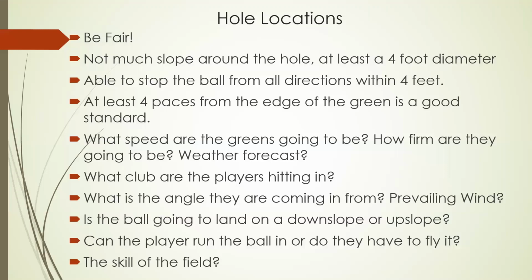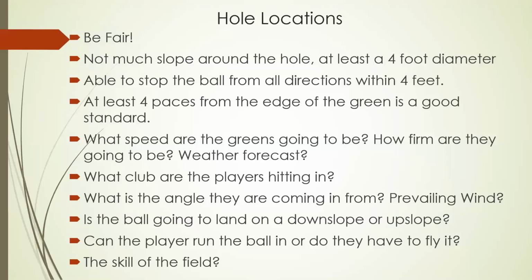So if I'm setting a pin position for our BC Amateur, I might be able to tuck it to the front of the green over a bunker because the players are hitting a 9-iron or a wedge into a par 3 or something like that. But if I'm doing it for our Bantam Championship, let's say, I wouldn't do that because the players are probably hitting a 5-iron or even a hybrid into that same distance, and so they won't be able to stop the ball.